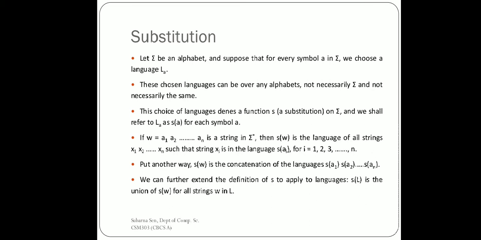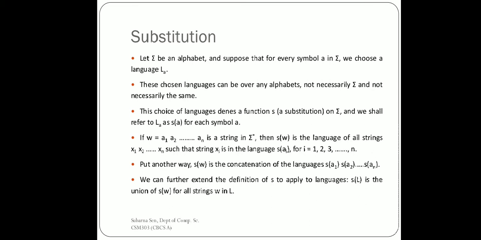So you have to keep in mind that this string x1 up to xn may contain strings over sigma, or may not contain strings over sigma, right? As we have already mentioned in our first point.